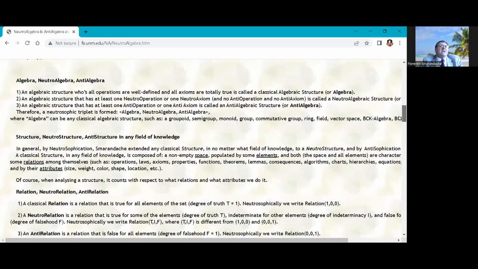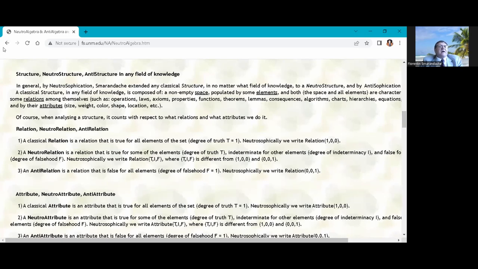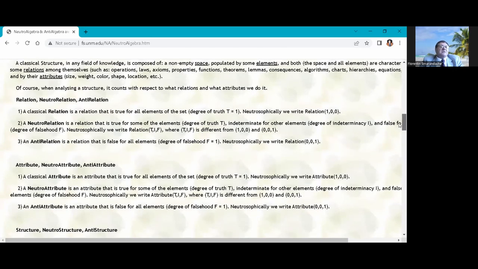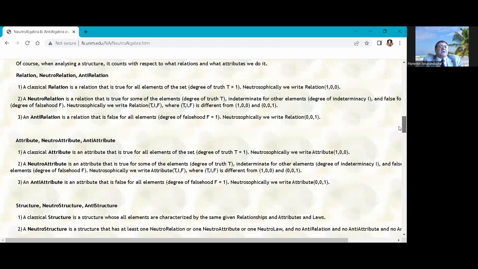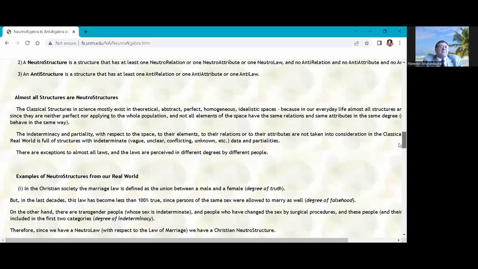So in this way, we develop neutral algebra and anti-algebra. And in general, we may speak of neutral structure and anti-structure in any field of knowledge, for example in physics, chemistry, and biology, where they apply very much. Same thing with relationships. A classical relationship means 100% true, but mostly, even with friends, we have partially true, partially false, and so on.